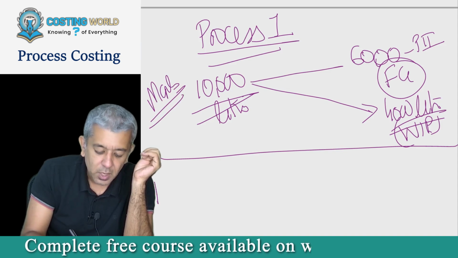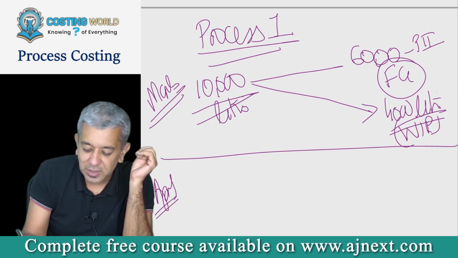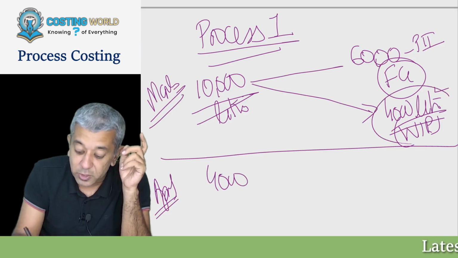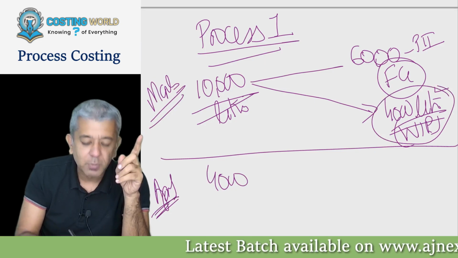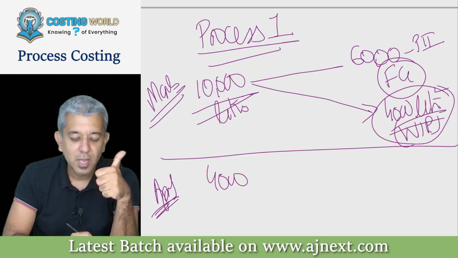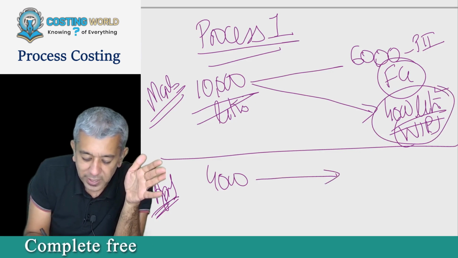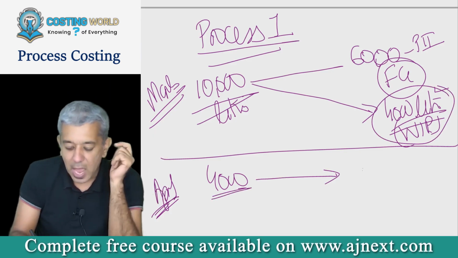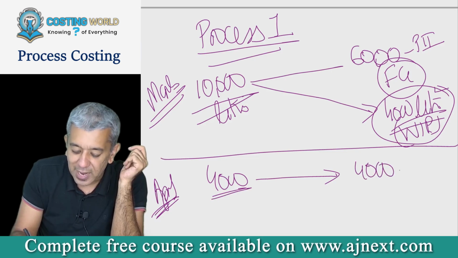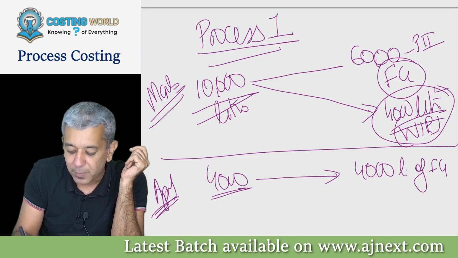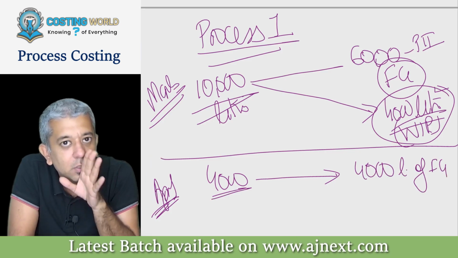Now April comes. This 4,000 liters of closing WIP now becomes 4,000 liters of opening WIP. In this period, I will process it further and convert it into 4,000 liters of fully processed milk, which means it will become my finished goods.